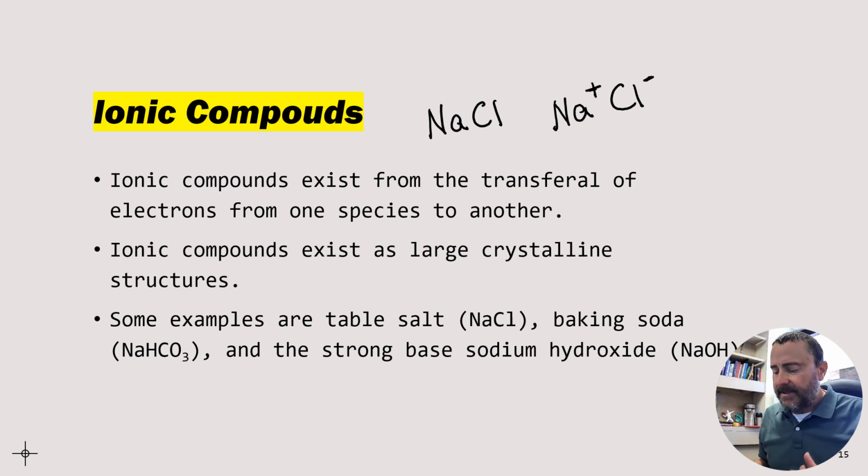Ionic compounds exist as large crystalline structures. What I mean by that is you don't find one specific sodium chloride.